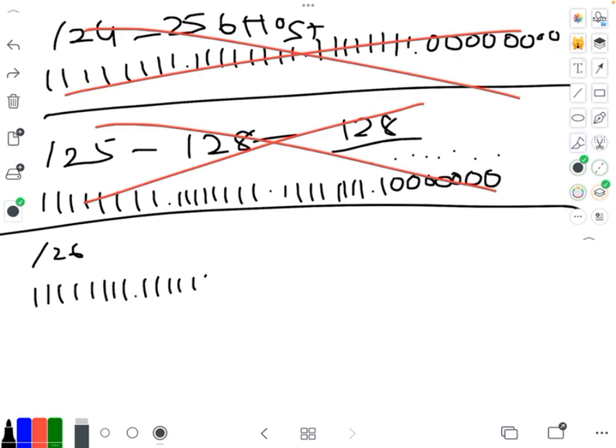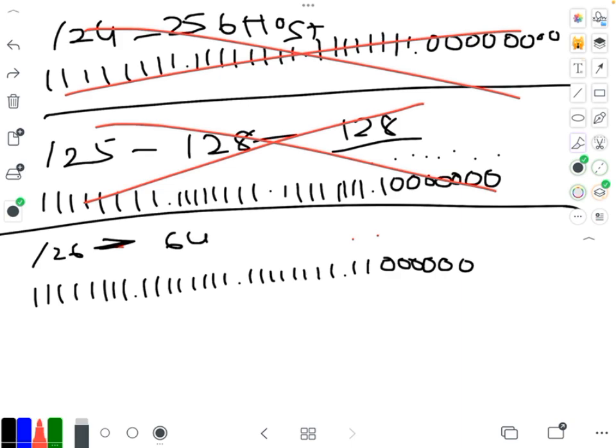/26. Here we borrowed 2 bits, and this gives us 64 hosts, because our last borrowed bit here is 64, and as I explained, the list goes 128, 64, 32, 16, 8, 4, 2, 1.